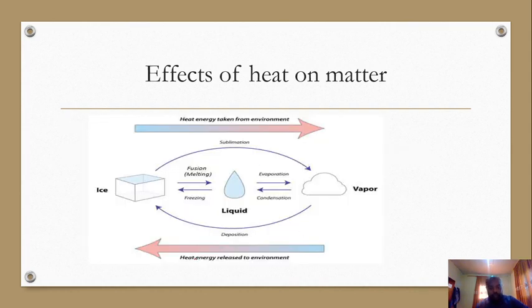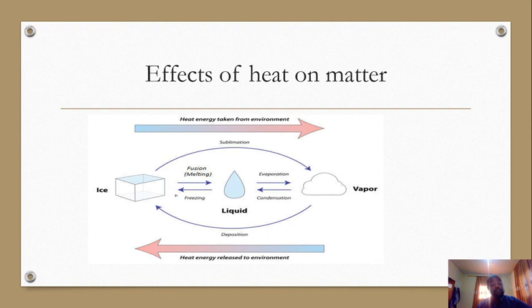So now this is the whole process in one picture. If we have ice and you heat it, it's melting. If you melt it, it becomes liquid. If you boil the liquid, it's called evaporation. It becomes vapor, gas. If you cool the vapor, which is the gas, it becomes liquid.